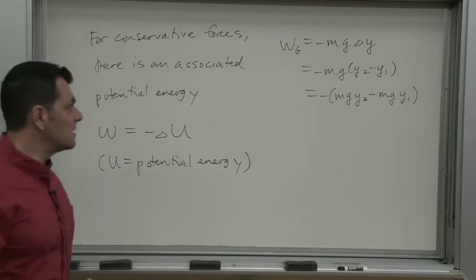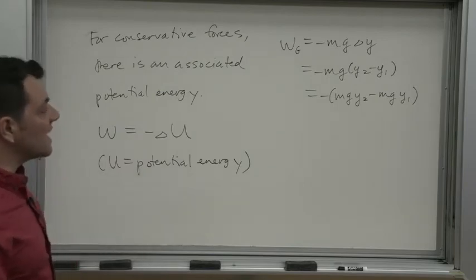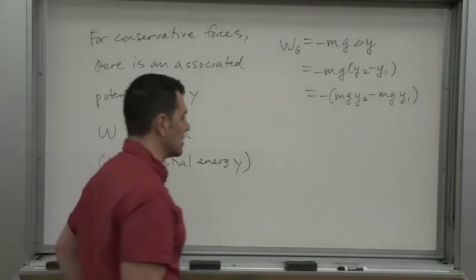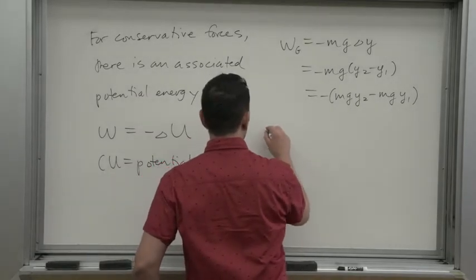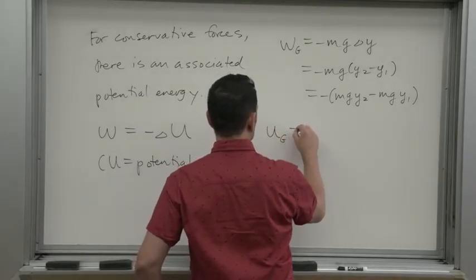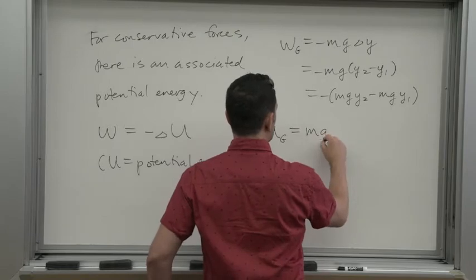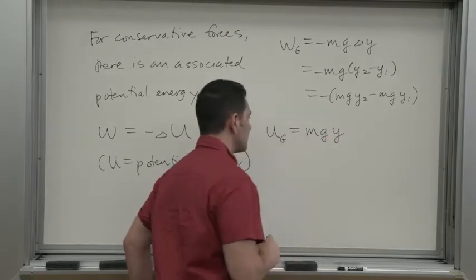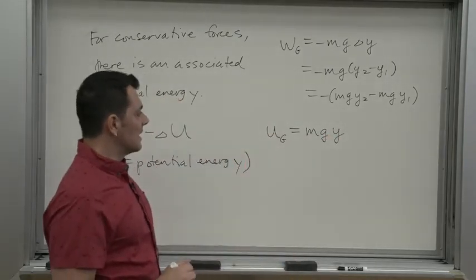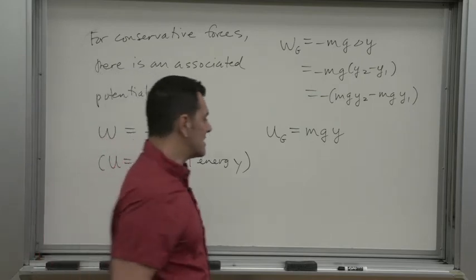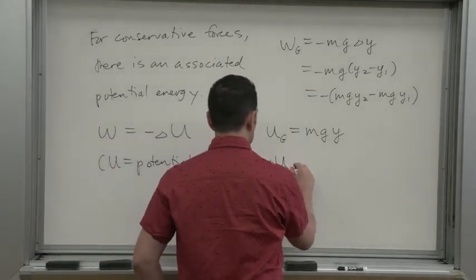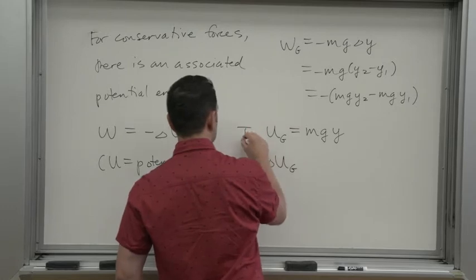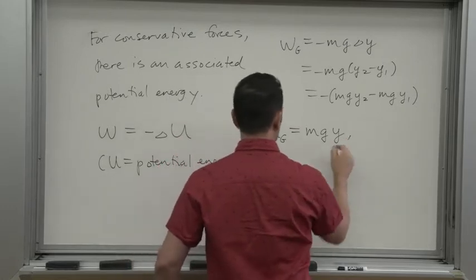So from here, you can see that if we defined gravitational potential energy in the following way, if we said that U gravitational was equal to m times g times y, then what would delta, the change in gravitational potential energy, be?